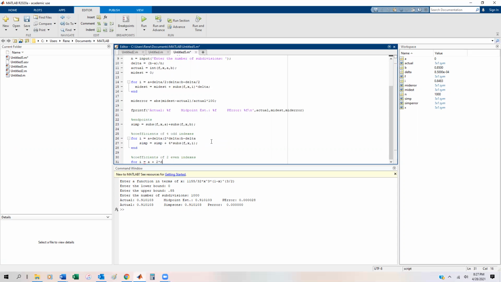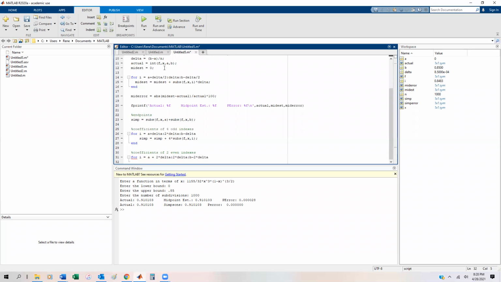So now we're starting at 2 terms ahead. And that's going to be 2 times delta, because we want it to be every other one. And then we're going to say b minus 2 delta.